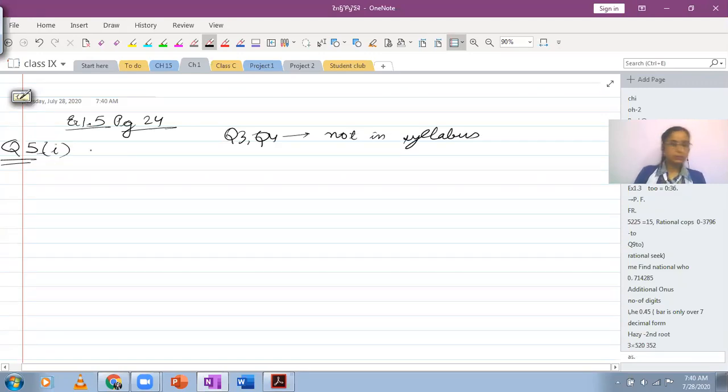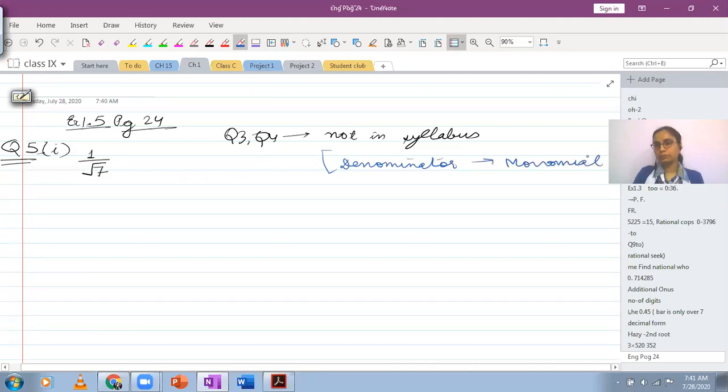I'll just take the first part. We have 1 over under the root 7. So what we want to do is, now here the denominator is a monomial. So what you want to do is multiply and divide by the same number.